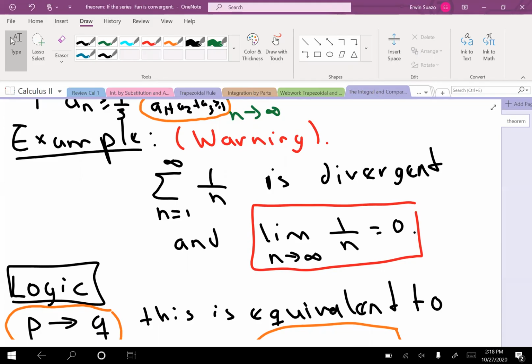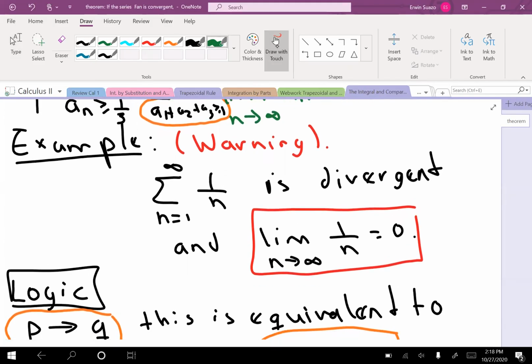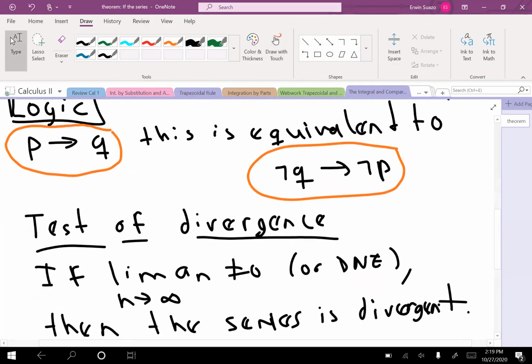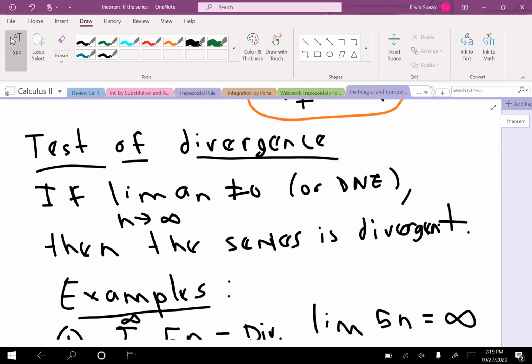In this case, if the limit goes to 0, then you cannot decide. You cannot apply the divergence test, because it just doesn't apply. The divergence test is saying if the limit is not 0 or does not exist, then the series is divergent.